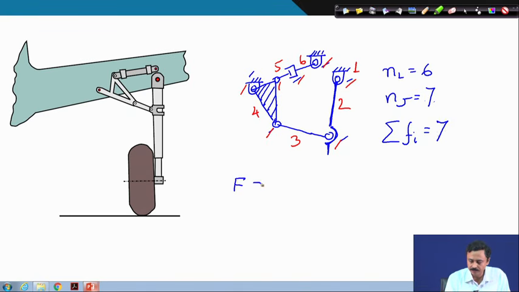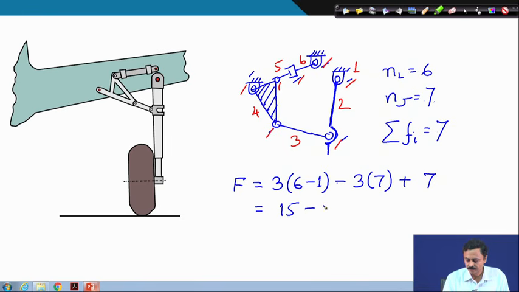So, degree of freedom is 3 times number of links minus 1 minus 3 times number of kinematic pairs plus summation of degree of freedom, that gives us 1 degree of freedom for this aircraft landing gear.